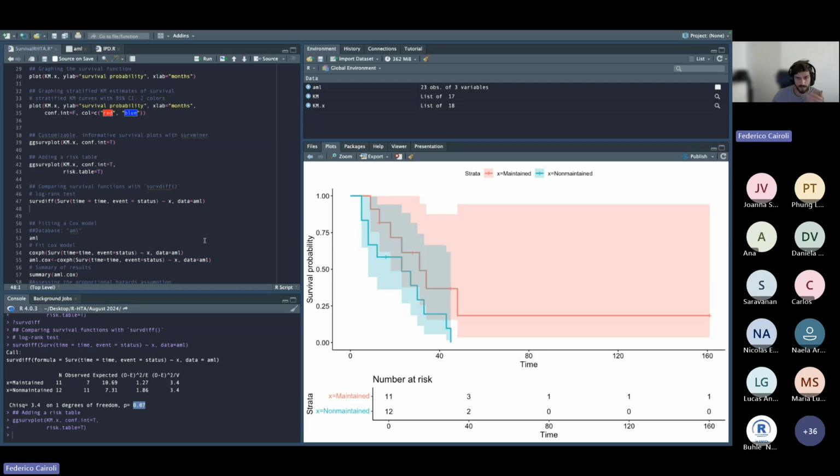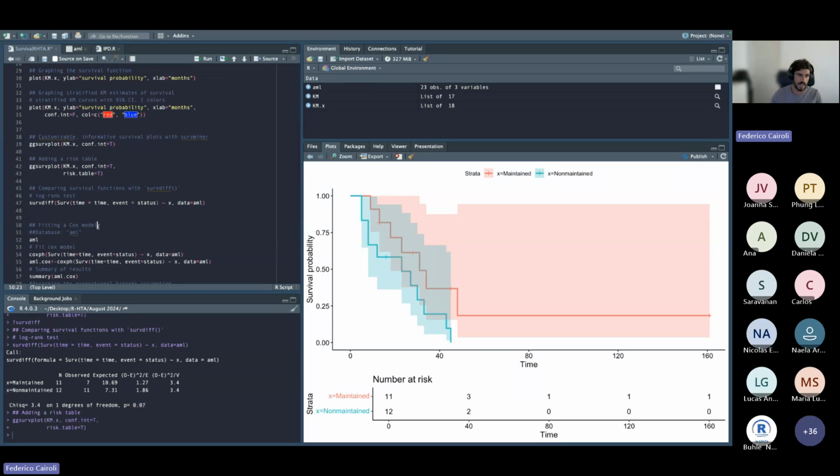And this is when the hazard ratio comes in. If you remember, we just explained that the hazard ratio is basically the ratio of the hazard on the treatment arm, total number of events per unit of time, divided by the hazard of the comparator arm, total number of events per unit of time for the comparator arm.